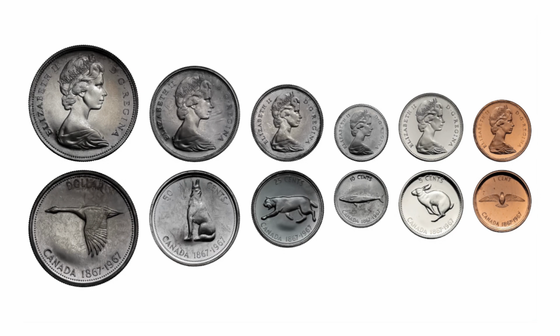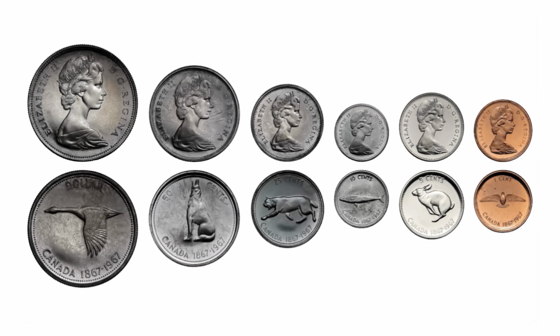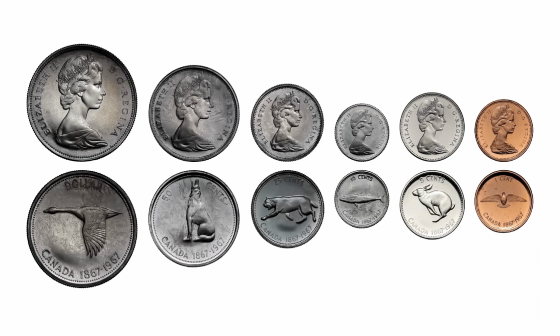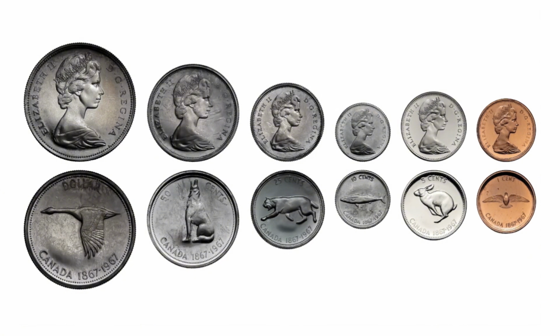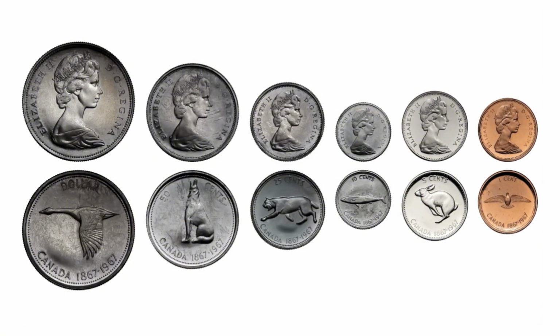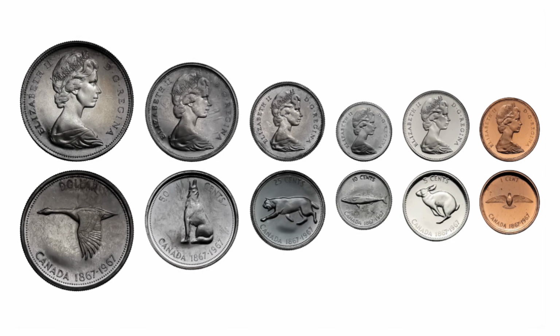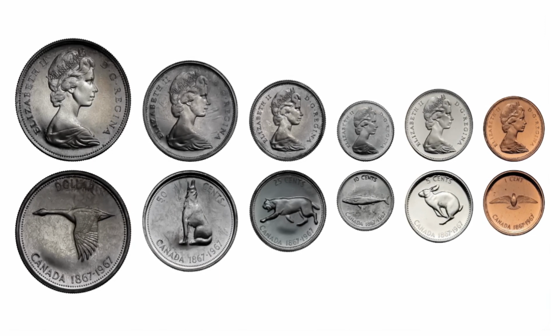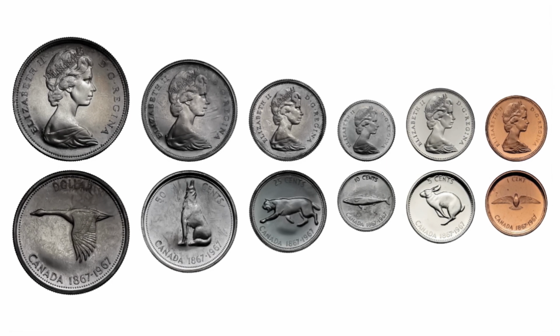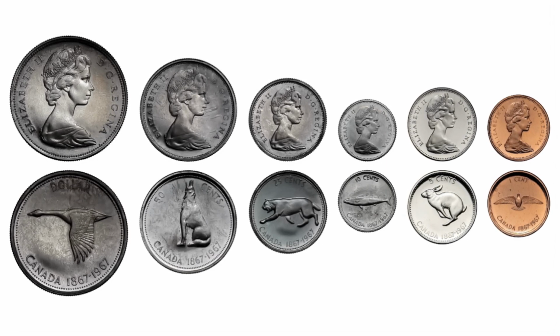The $1 coin, or silver dollar, featured a striking image of a Canada goose in flight, which was designed by renowned Canadian artist Alex Colville. He was commissioned to create the reverse designs for the entire 1967 Centennial coinage series. Each of the different designs by Alex Colville captured the essence of Canadian wildlife, and the Canadian goose became an iconic symbol on the dollar coin.